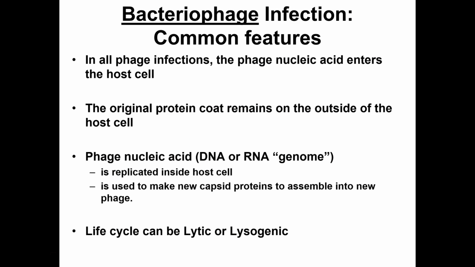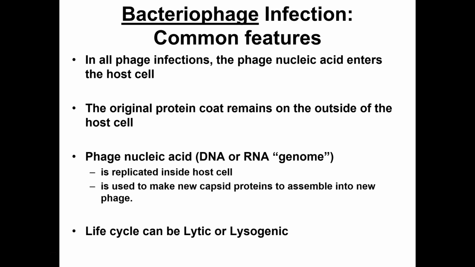Once that viral DNA, and I say DNA, but I think there's only one example of an RNA bacteriophage, gets into the host cell, two things will happen. One, the genes will be expressed: transcription, translation. And two, that DNA genome will be copied. And how it goes about this, it forces the host's machinery to do this.